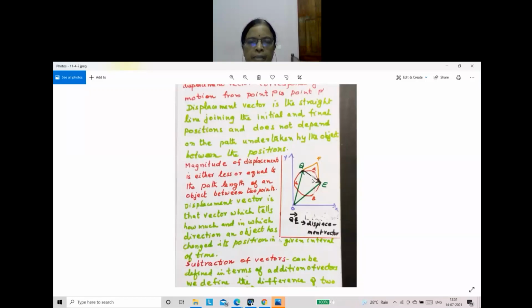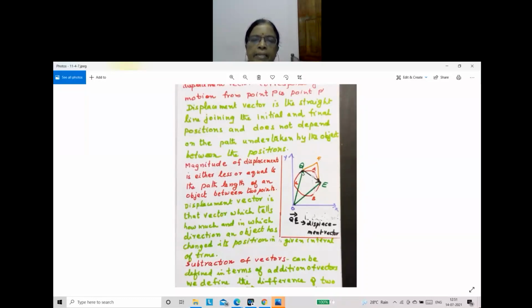Distance and displacement are equal only for this particular case, the shortest distance between Q and E. The magnitude of the displacement is either less than or equal to the path length of the object between two points.